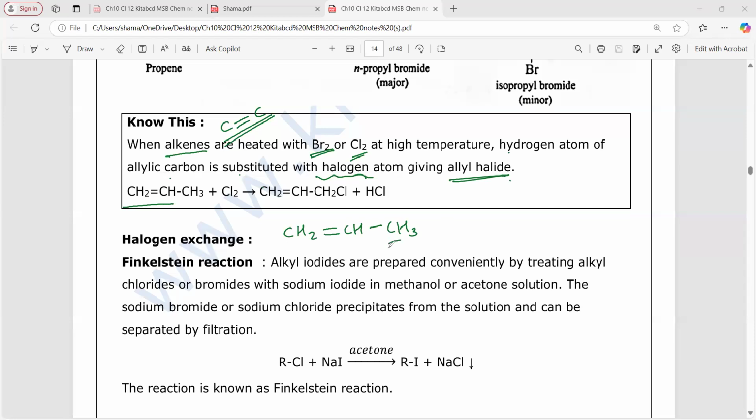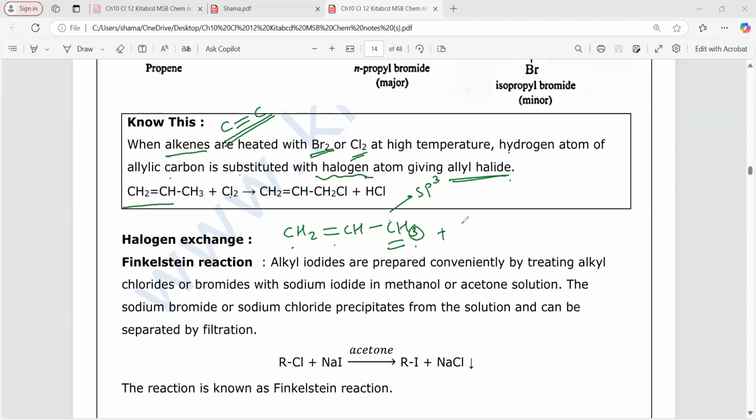So this carbon is allylic because it is directly attached to the carbon-carbon double bond and it is sp3 hybridized. One of the hydrogens from here would be lost and chlorine or bromine will take its place.